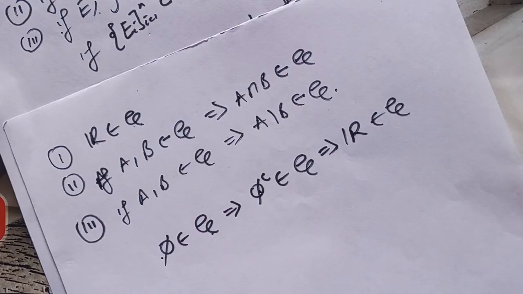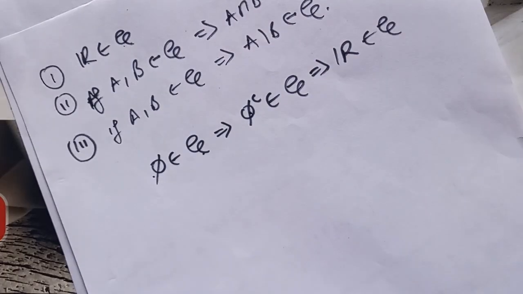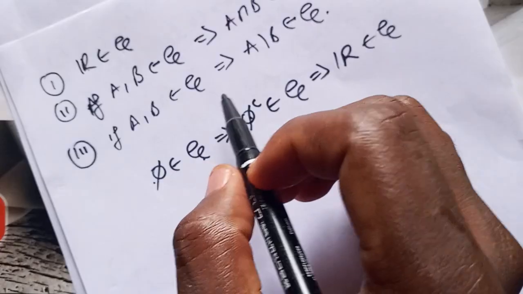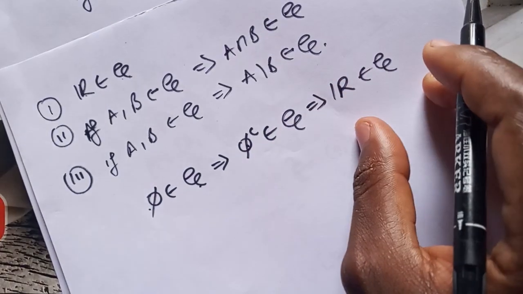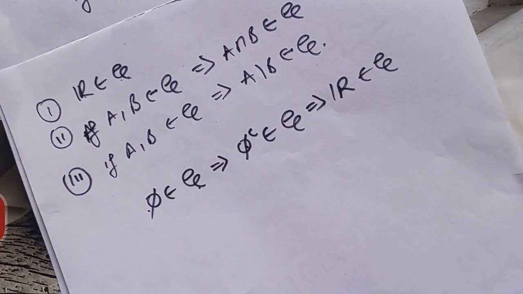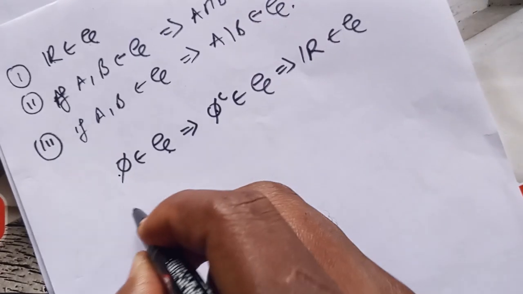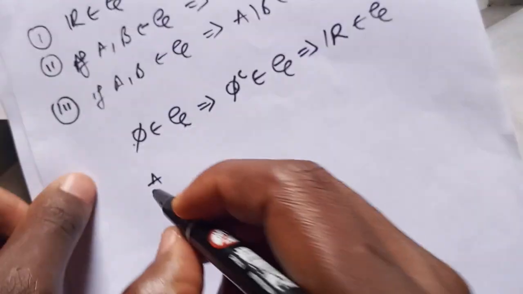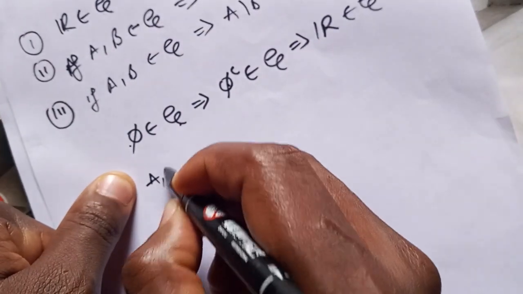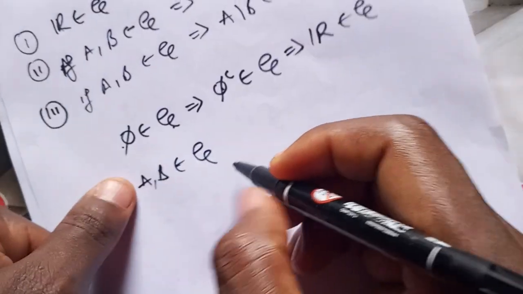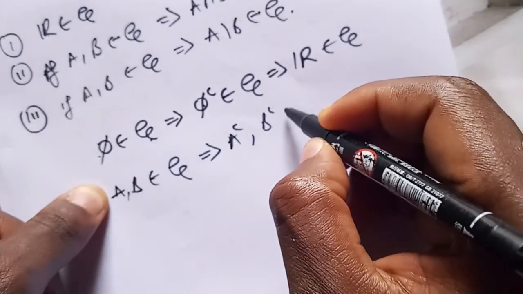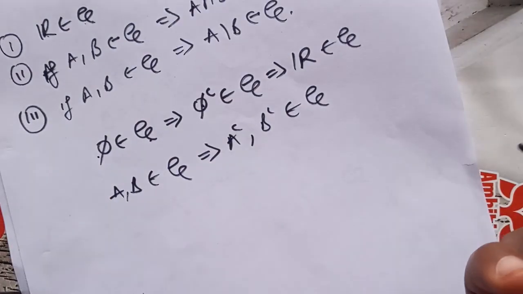Now for the second one, it says if A, B are in the algebra, then their finite intersection is also in the algebra. If A and B are in the algebra, then this implies that A complement and B complement must also be in the algebra by definition.